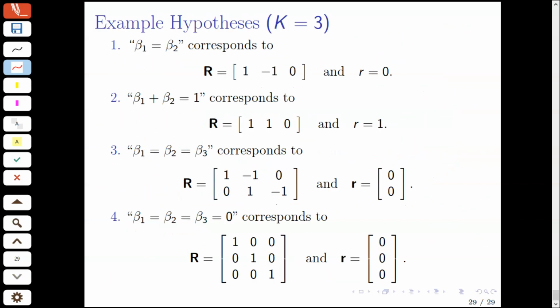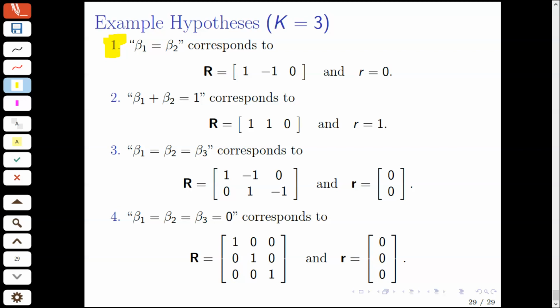All right, so what type of hypotheses may we entertain in this linear hypothesis world? Well, one example could be to test the hypothesis that the coefficients on x1 and x2, that is beta 1 and beta 2, are in fact the same.